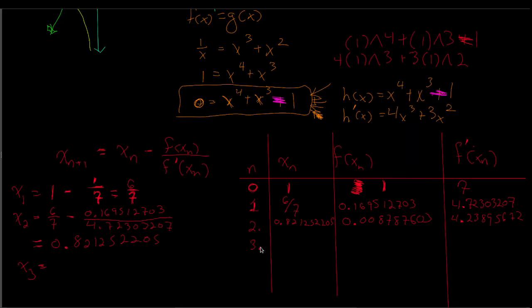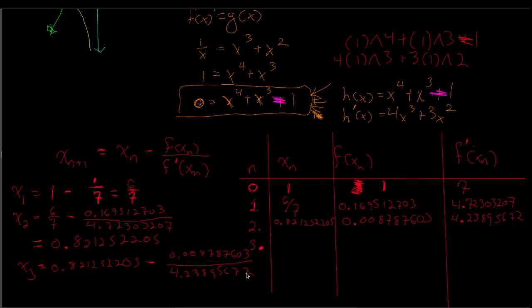Well, I'm going to stop at x sub 3 then. I'm going to see what x sub 3 gives us. So I'm going to have 0.821252205 minus the fraction of 0.008787603 over 4.2389567.